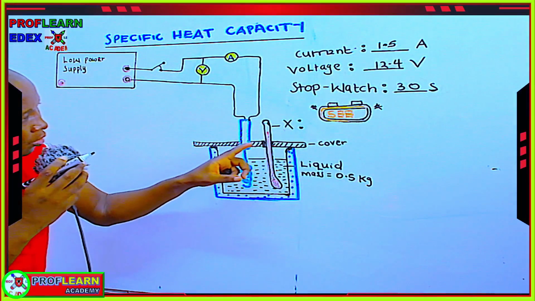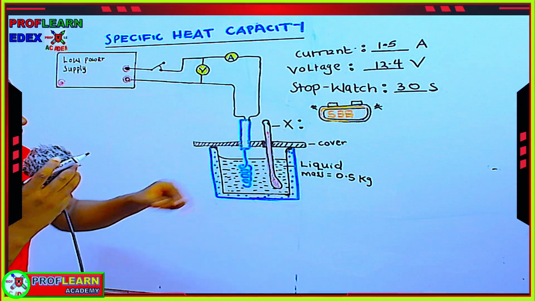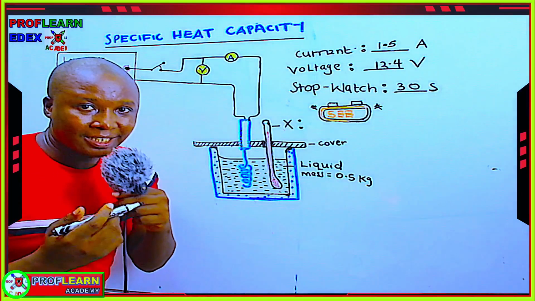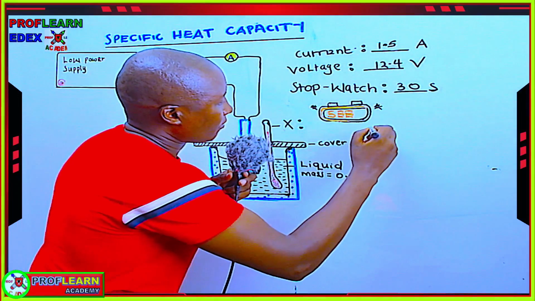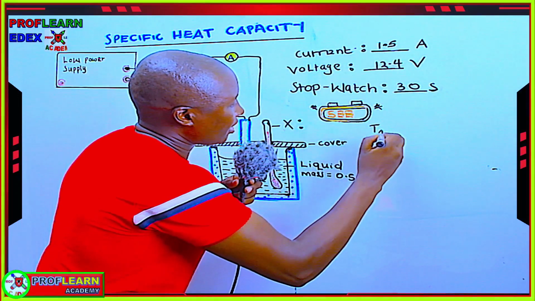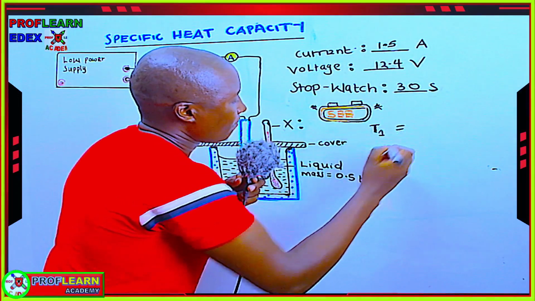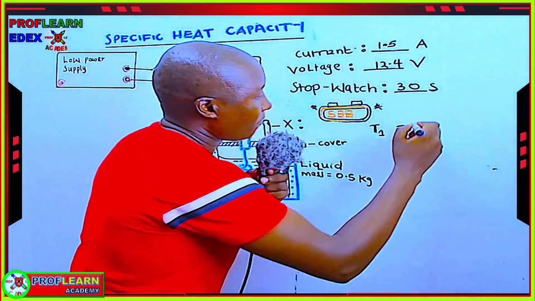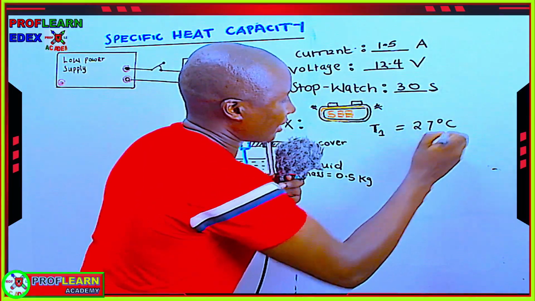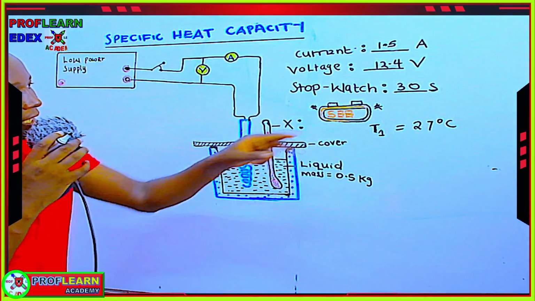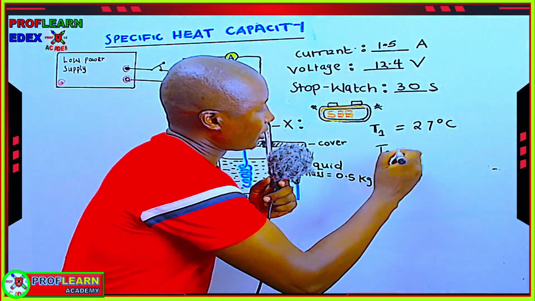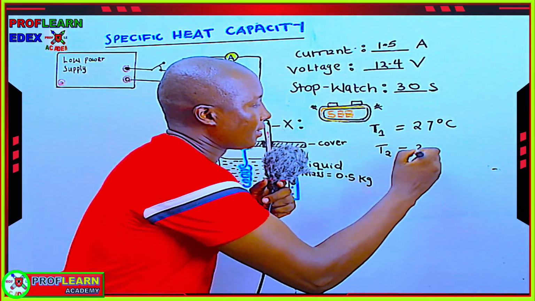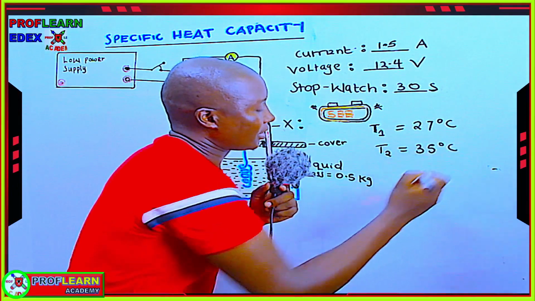And then we check the temperature change. Before you start the experiment, before you close the switch, you need to record T1, the initial temperature. Suppose it was room temperature, which is 27 degrees Celsius. After 30 seconds, the temperature becomes T2, which is maybe 35 degrees Celsius.